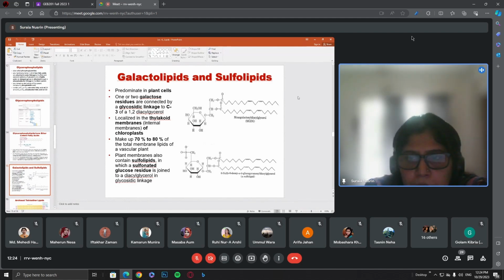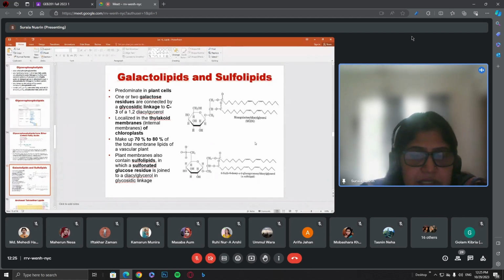Now when we look at the backbone where the glycerol is linked to two fatty acids, we call it 1,2-diacyl glycerol, because two fatty acyl chains are linked to glycerol by ester linkage.